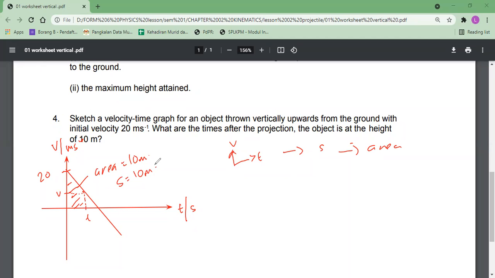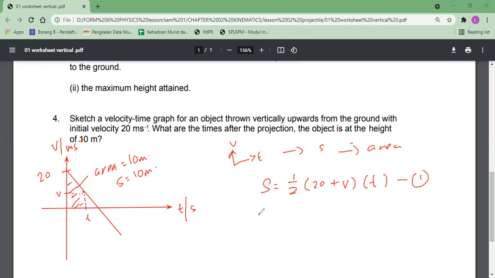So from here we use the formula. s is equal to 1 over 2. This is a trapezium, right? So that means 20 plus v, times t. This will be equation 1.